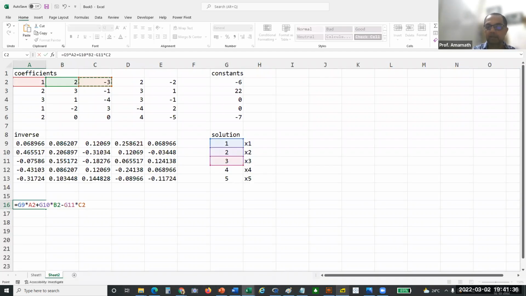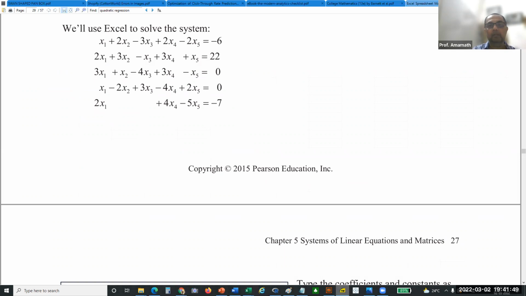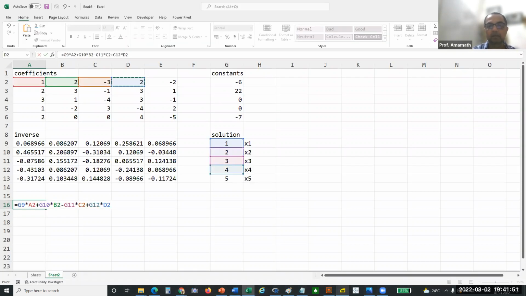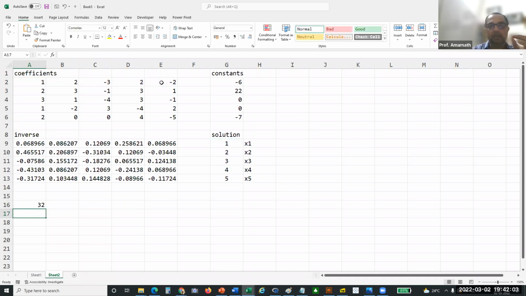Then I have a plus sign. 4 multiplied by 2. Then I have a minus sign. 5 multiplied by minus 2. So press enter. So it is 32.